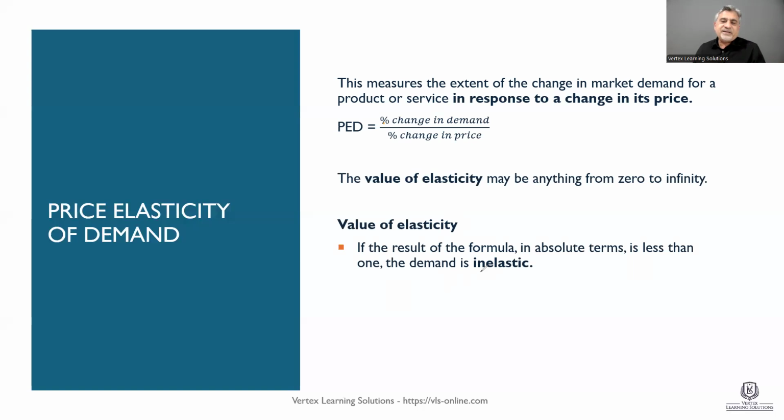When I say demand is inelastic, it means demand is not fluctuating very fast. It might fluctuate, but not very fast, if it is less than 1. If it is greater than 1, then it is elastic.